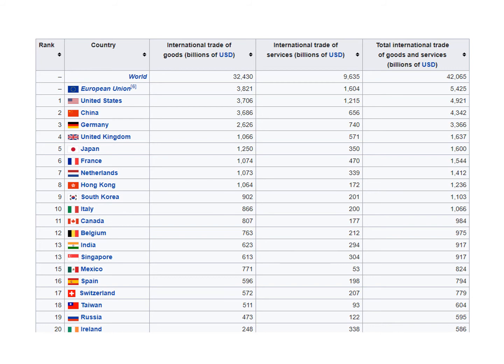All right, the United States is still number one if you measure trade in dollar terms of goods traded and services traded. 3.7 trillion in goods, 1.2 trillion in services, for a total of $4,921,000,000,000. However, if you took the European Union as one economic entity, the EU would actually surpass the United States as an economic unit.